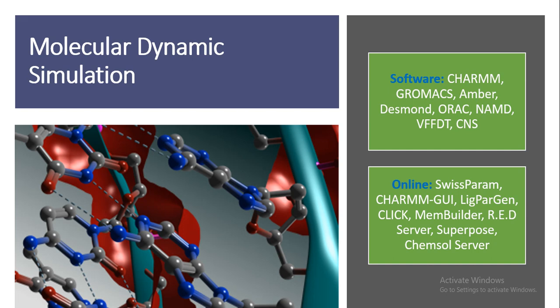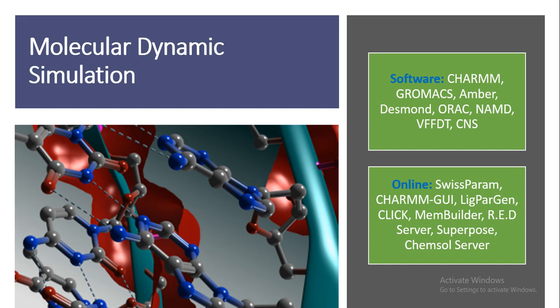So the softwares we can use are CHARMM, GROMACS, AMBER, Desmond, OREC, NAMD, VFFT, and CNS. But we should be aware that for molecular dynamic simulation we need high configuration computers, or we can say supercomputers, or we can perform molecular dynamic simulations on that kind of high generation computers.